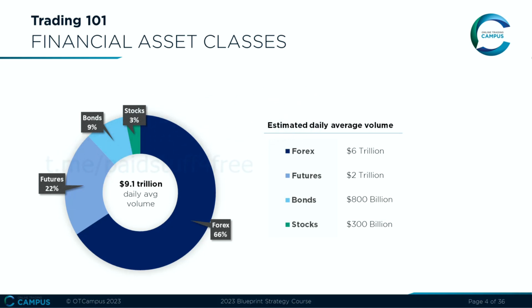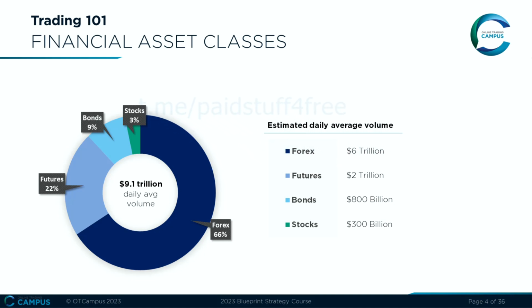Okay. And here we also just are getting some estimations, but these estimations are pretty accurate. So it is estimated that the daily trading volume in the Forex market is over $6 trillion US dollars per day. And that is making it the largest financial market in the world.